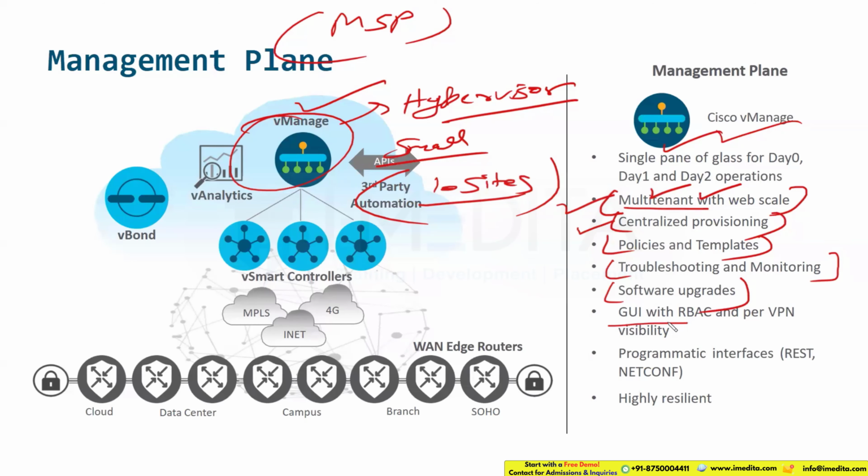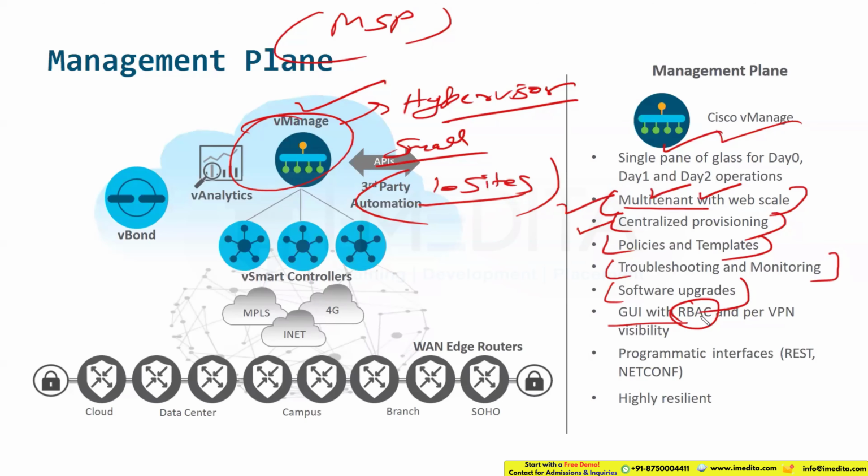We will always get the graphical user interface with RBAC, role-based access control. It is highly possible that in your organization, you have got a team of tier 1 engineers, a team of tier 2 engineers, a team of tier 3 engineers.